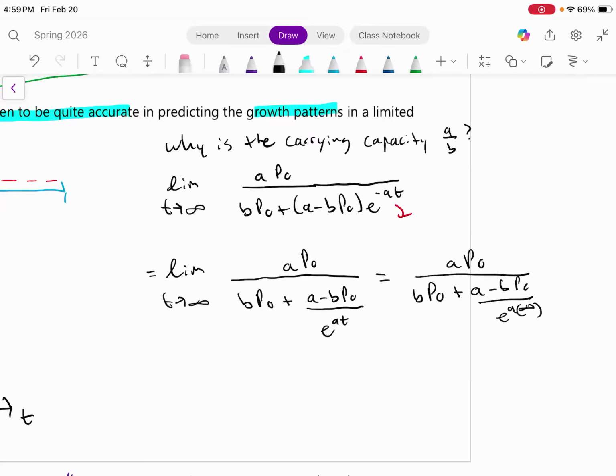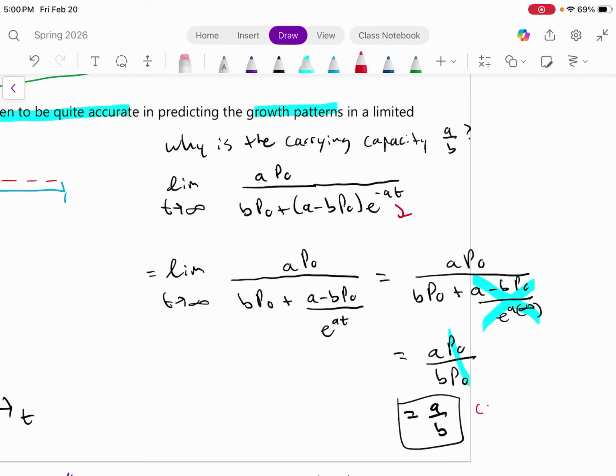Anything divided by infinity goes to zero. So realistically, this whole expression goes to zero, since e to the infinity is just infinity. And so what I'm left with is aP0 over bP0. The P0s cancel out, and I'm just left with a/b.